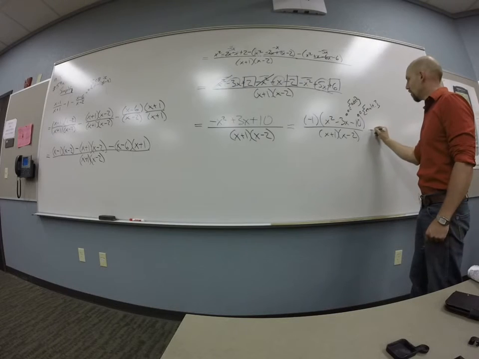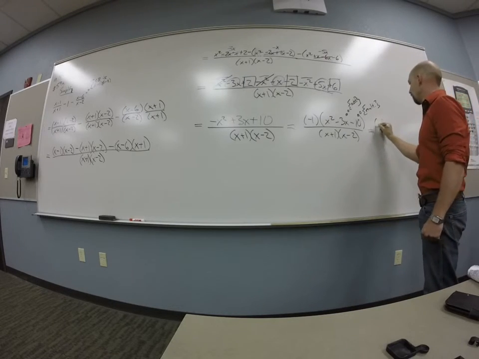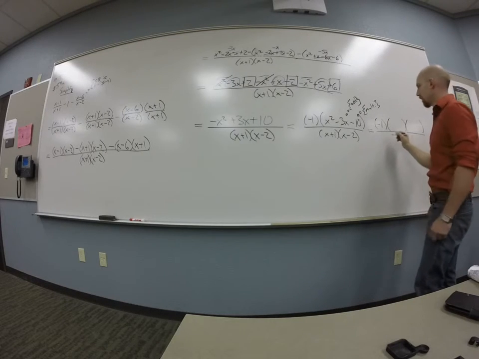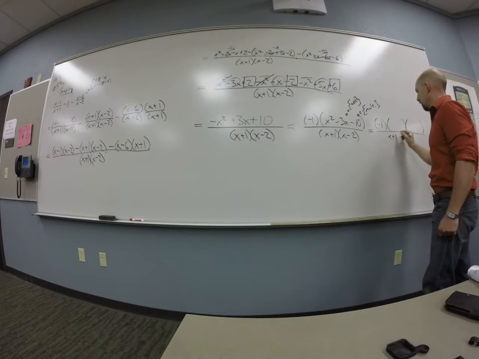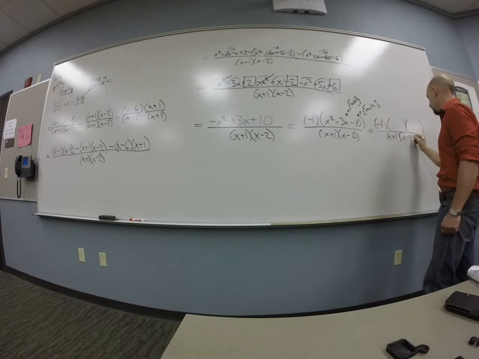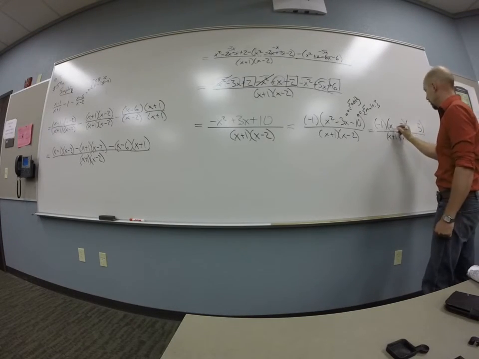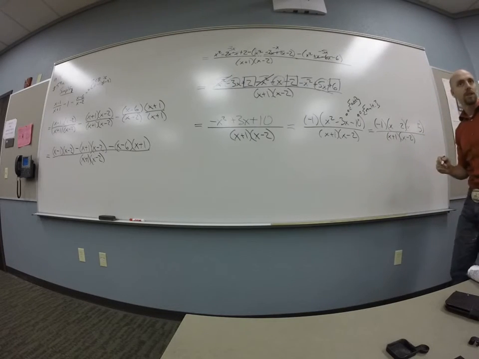Okay, so say, all right, this is negative 1, and then I'm hoping to break this into 2 pieces, right? And it's still over this. Okay, so maybe there are a 5 and a 2, and I just need to get signs right.